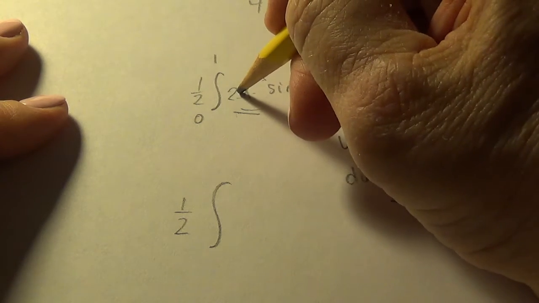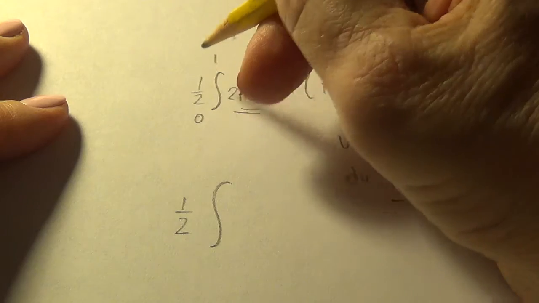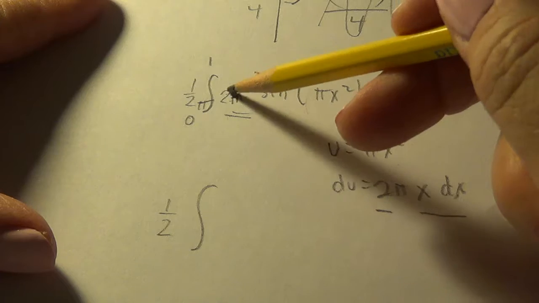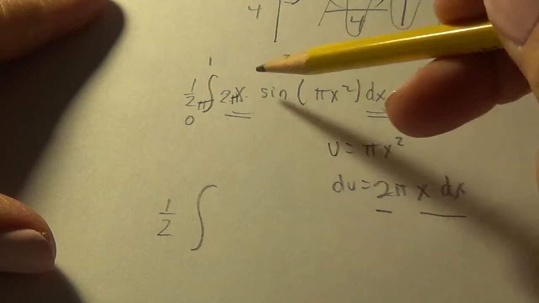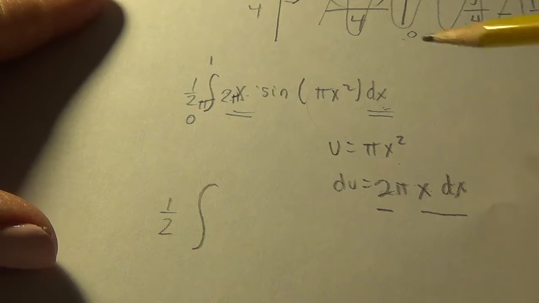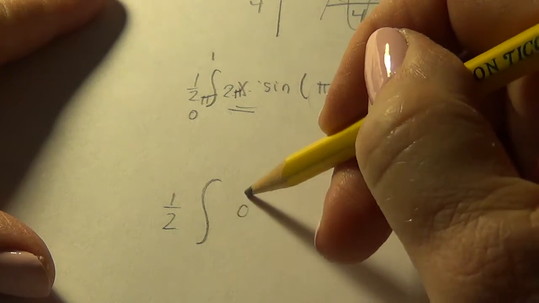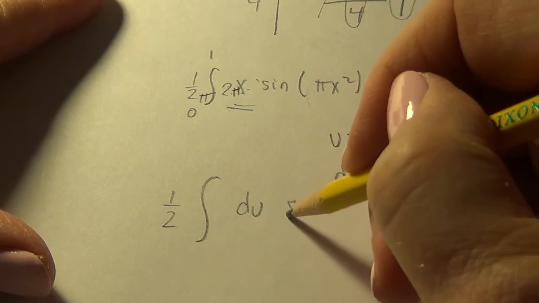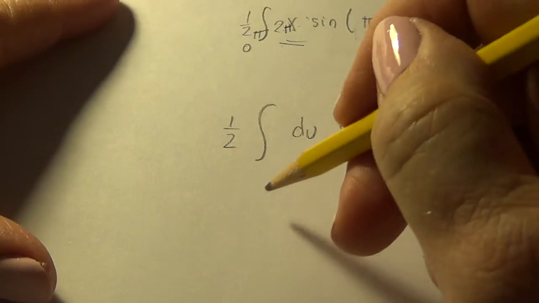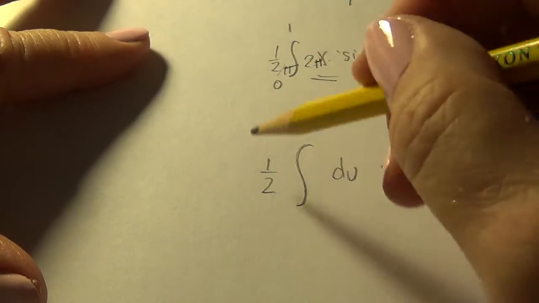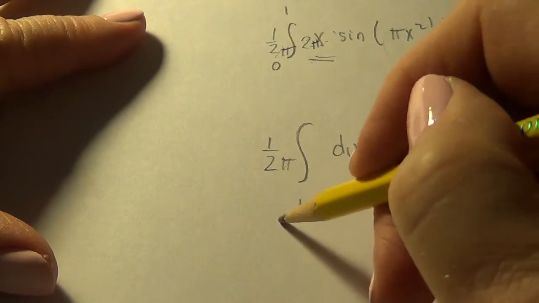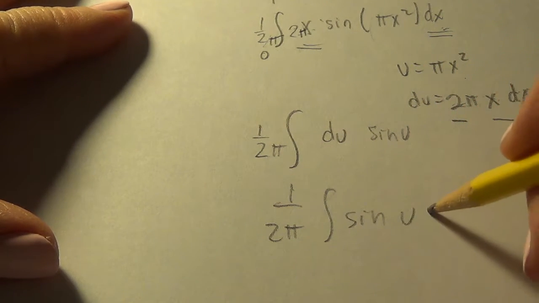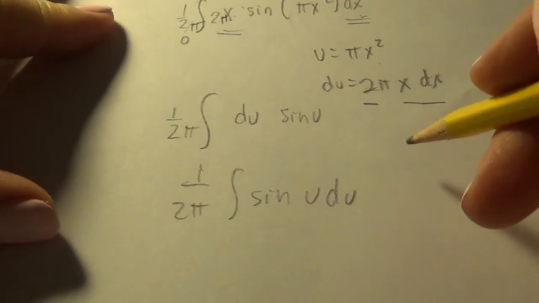So if I put a pi in here, now I have to put a 1 over pi out there. So now I have a 2 pi x dx. Finally, I can call that du, and then I have sine of u, kind of written in a messed up way. So let me grab my 1 over 2 pi, and I have the integral of sine u du. Alright, I know the integral of that.